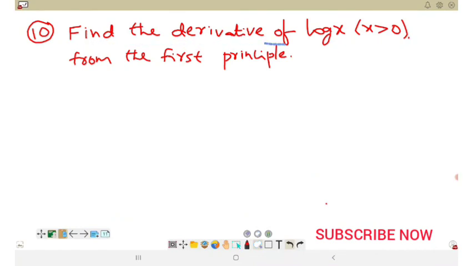Find the derivative of log x, where x is greater than 0, from the first principle.